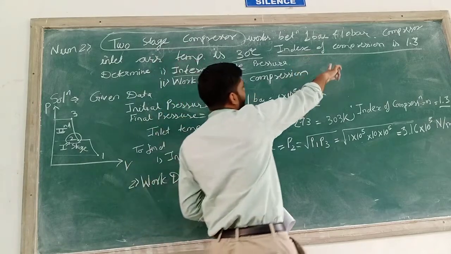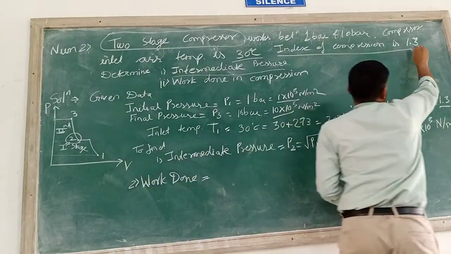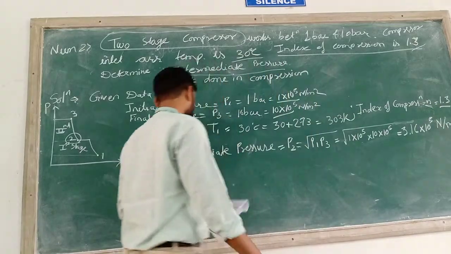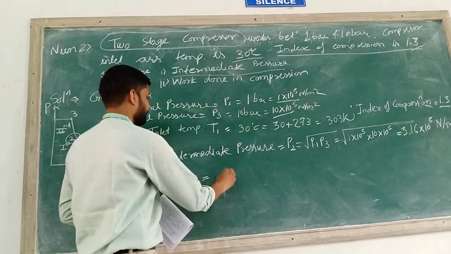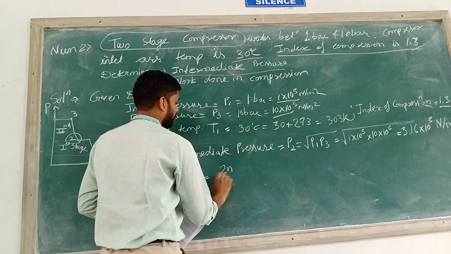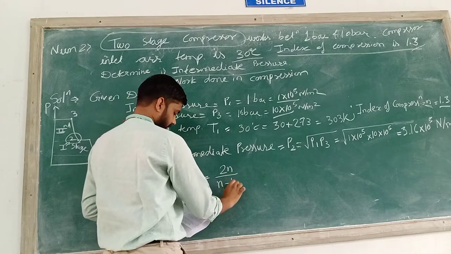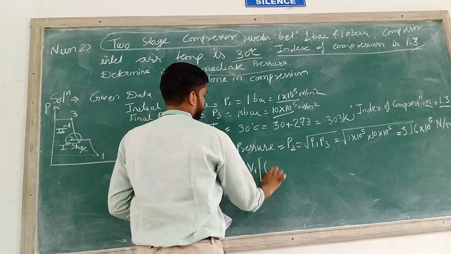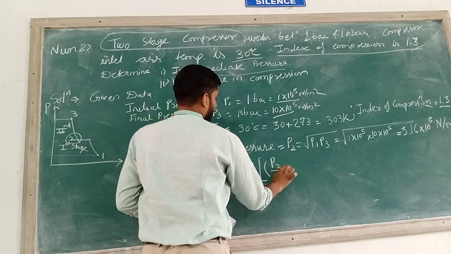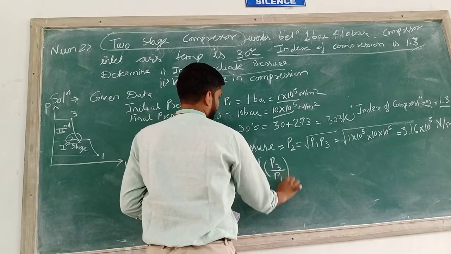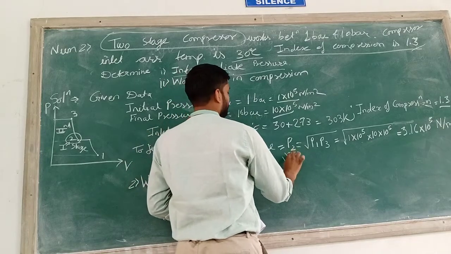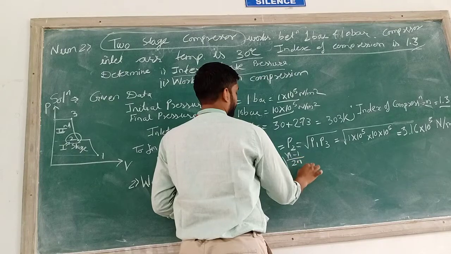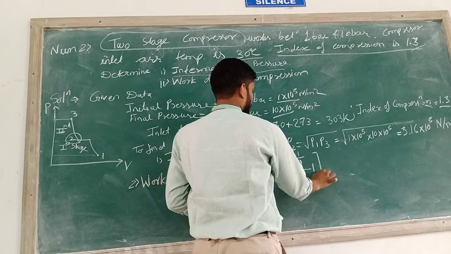Here they are providing us the index of compression, which means it is polytropic compression, and the formula for this is 2 into n upon n minus 1 into P1 V1 in bracket P3 by P1 raised to the power n minus 1 upon 2n, minus 1.